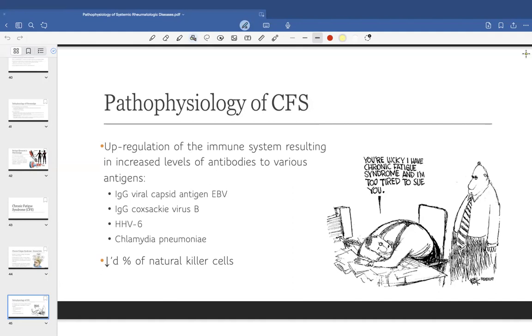What we do see overall is a depletion in the total number of natural killer cells, your NK lymphocytes, which goes along with viral infections. That's how our body rids itself of a lot of these viruses, through these NK cells. So that's really the evolving paradigm right now for chronic fatigue. Any questions?